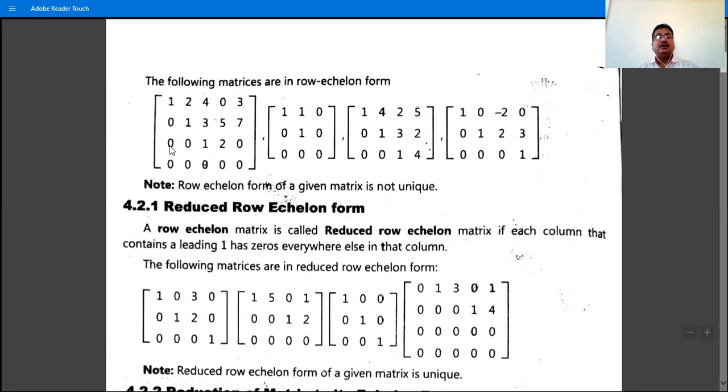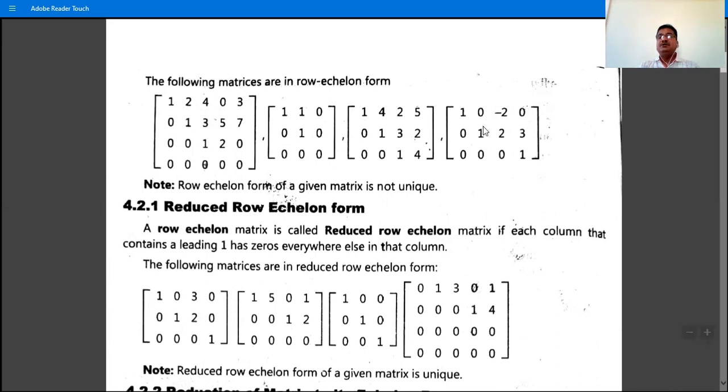If it were at a place below or to the left, then we say the matrix is not in row echelon form. The leading one of the lower row must be one place or two places to the right. So these three properties are satisfied in this matrix, and therefore this matrix is in echelon form.